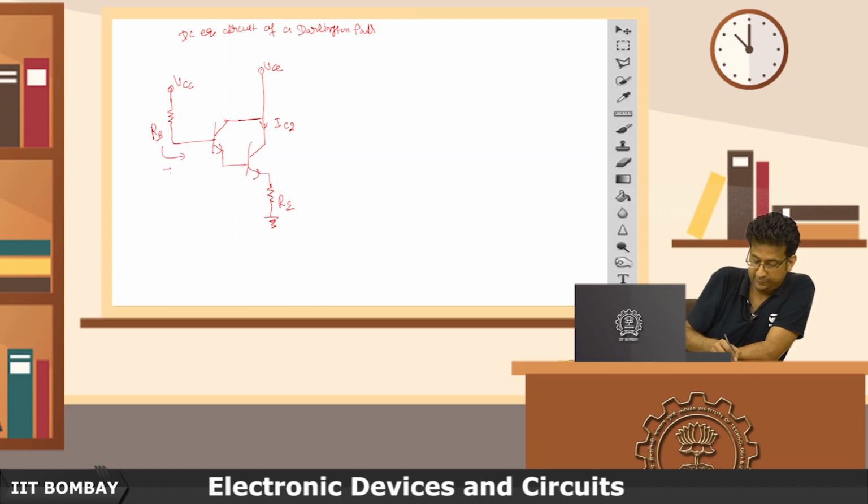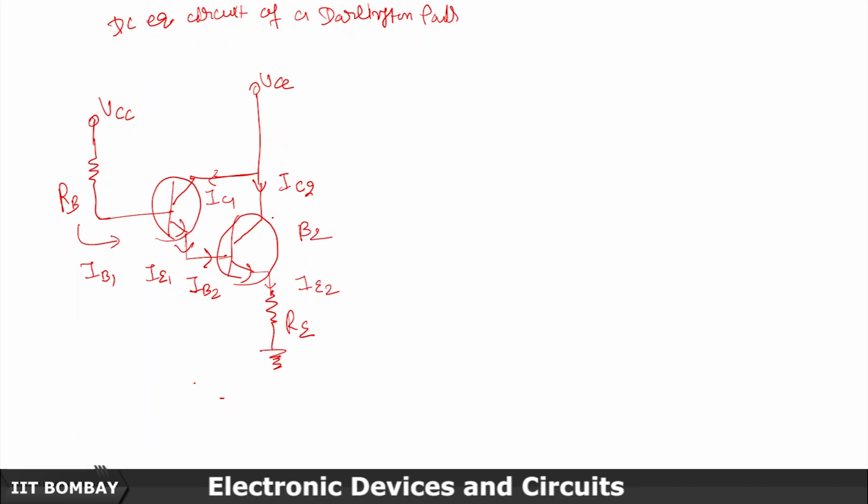VCC, this is IB1, this is IB2, this is IE1, this is IC1, this is IE2, and this is beta 2, this is beta 1. So IB2 here is equal to IE1. This is what we have done very quickly already.